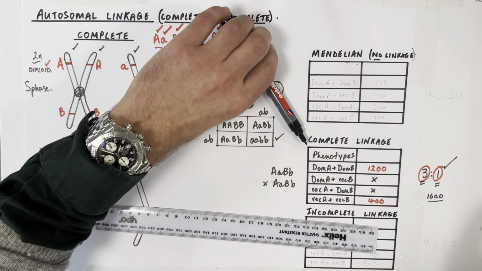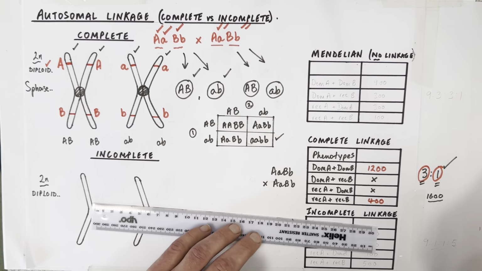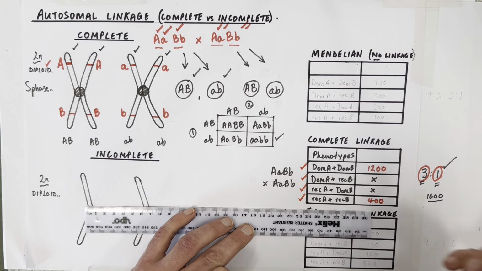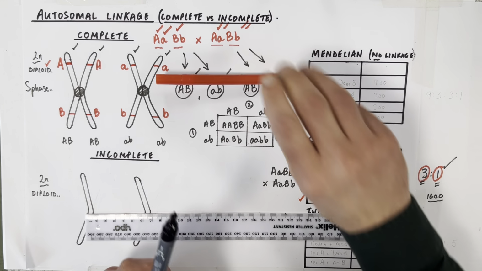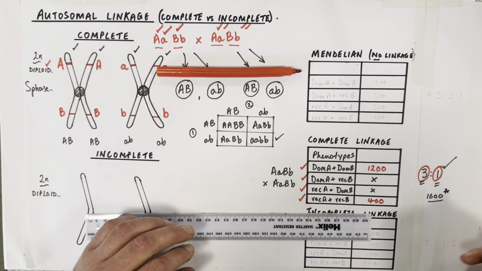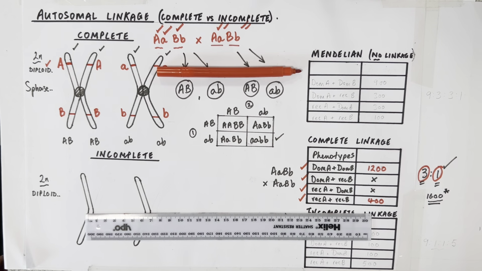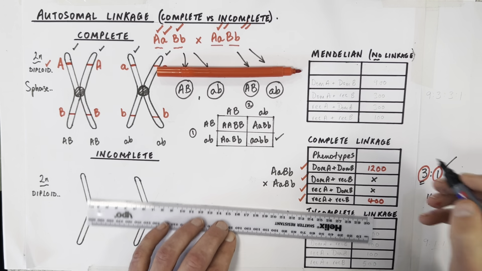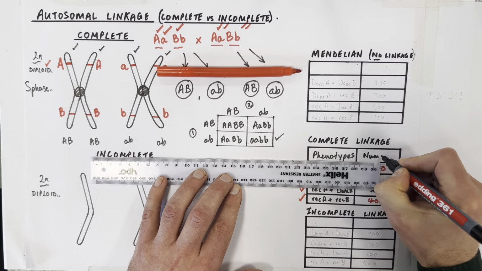So that'd be complete linkage, and it'd be a 3-to-1 ratio of the phenotypes you can see hopefully here on the left. So this would be a genetic cross producing 1,600 plants, which is quite a big number, but hopefully you can see how it's split in the ratio. So I'll put here numbers.